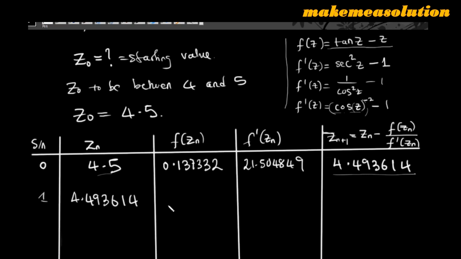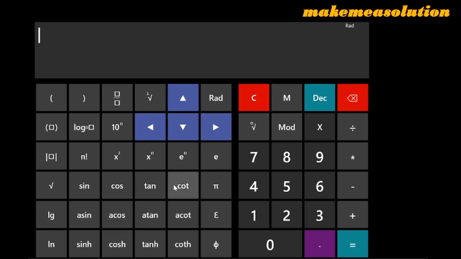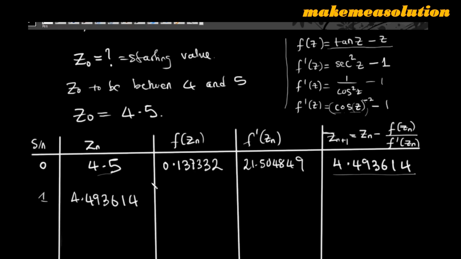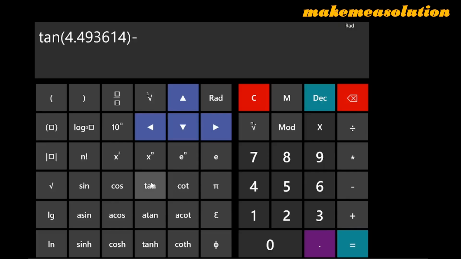So I'm going to compute f of zn, where zn is this particular value. As usual, computing f of something, you have tan of that thing minus that thing. So we have tan 4.493614 minus the same 4.493614, because our f of z is tan z minus z.